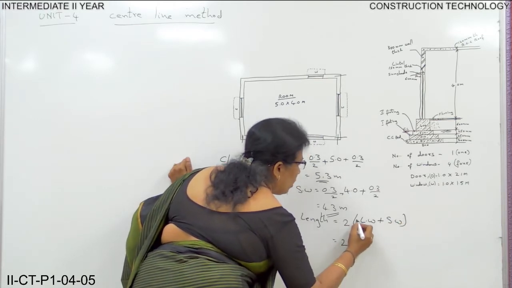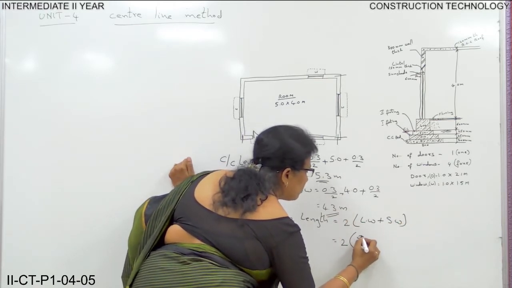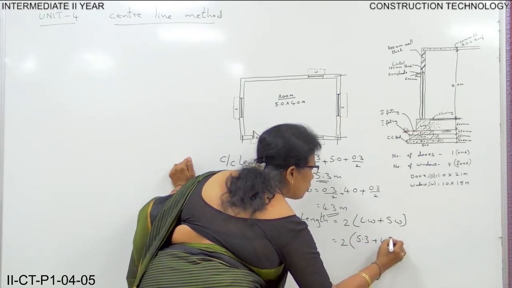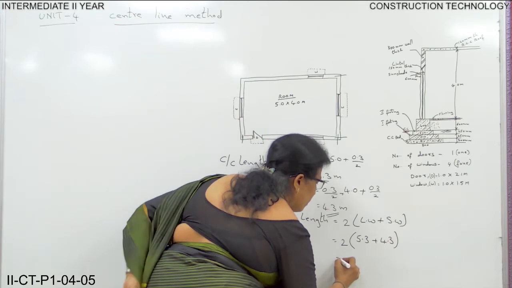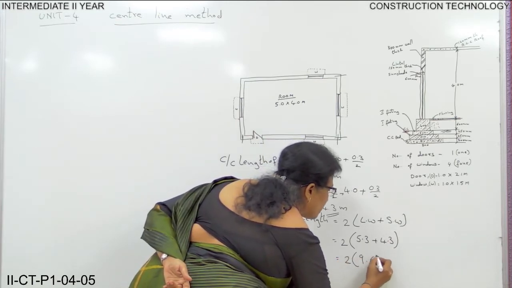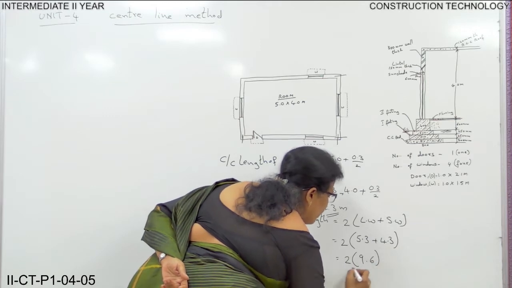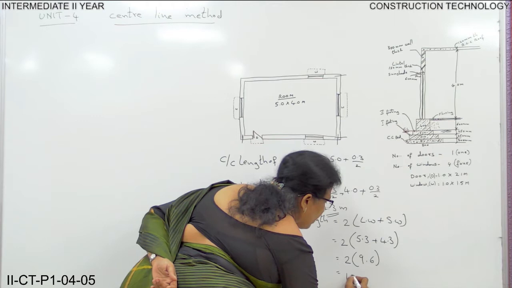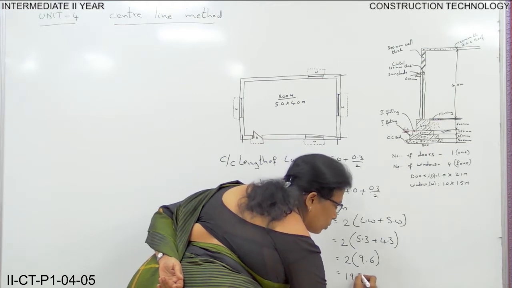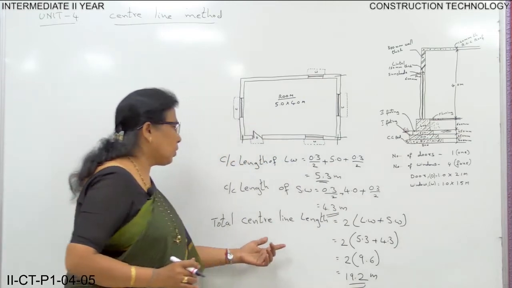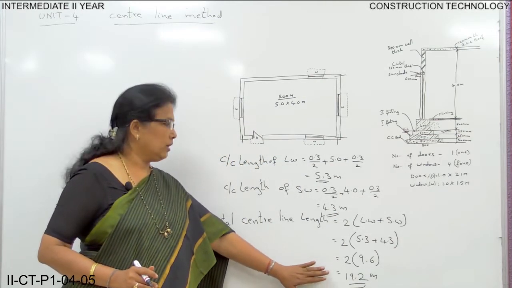Substitute the values. The long wall length is 5.3 and the short wall is 4.3. This is 2 into 9.6, and here the distance comes to 19.2. So this is the total center line length. Is it clear?